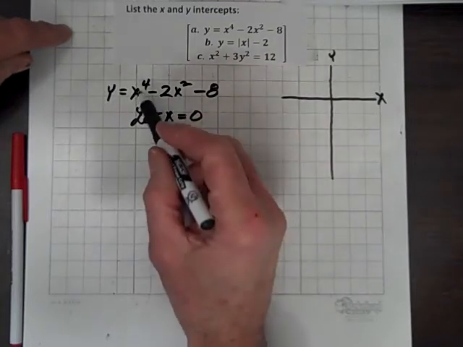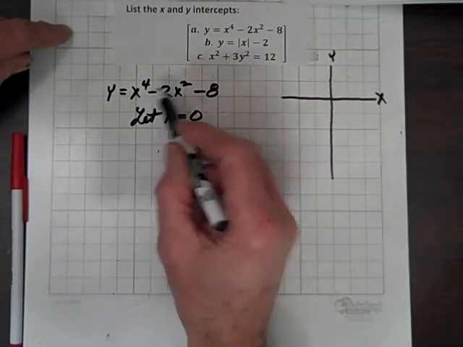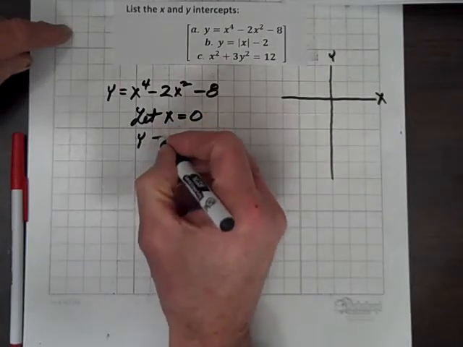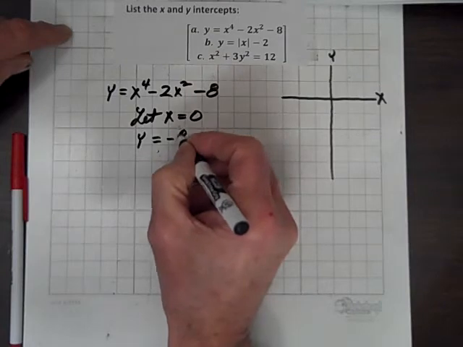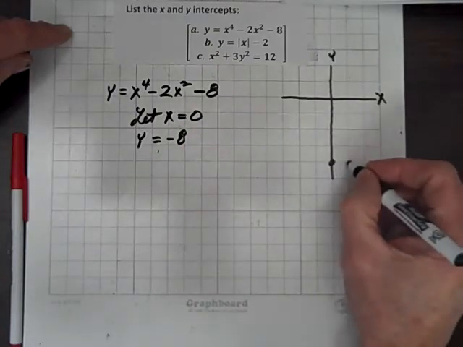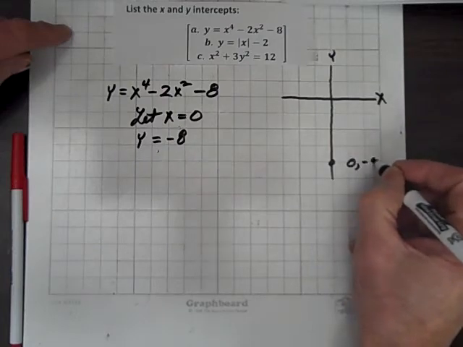So if x is 0, this term will vanish, this term will vanish, and we will be left with y equals negative 8. So we'll graph that, 0, negative 8.